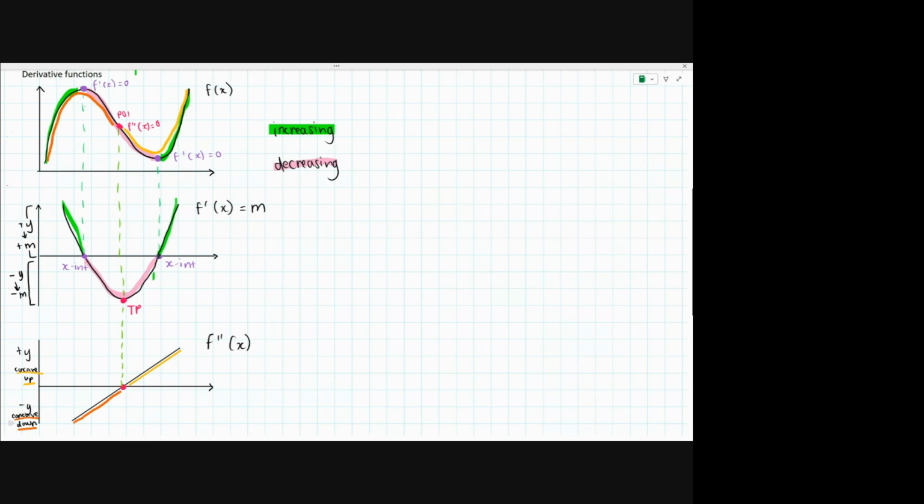I'm not saying it can't be asked. It has been asked before, so you definitely still need to understand the straight line relationship. But generally speaking, it is between f of x and f prime x, so the first derivative and the original function. Like I say, the straight line has come up before, so expect it and understand it.